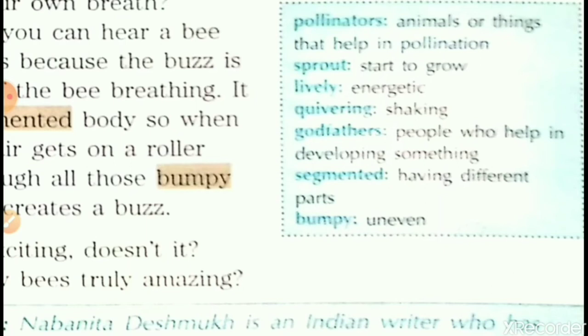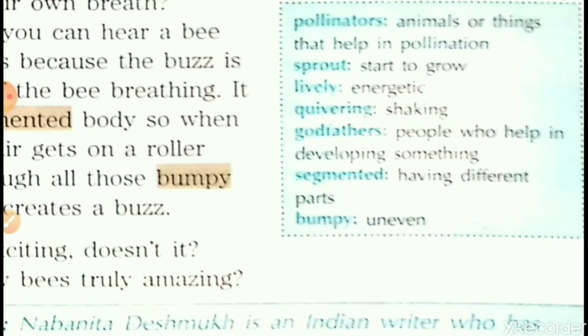Then lively. Lively means energetic, full of energy. Then quivering. Quivering means shaking. Then ninth word is godfathers.